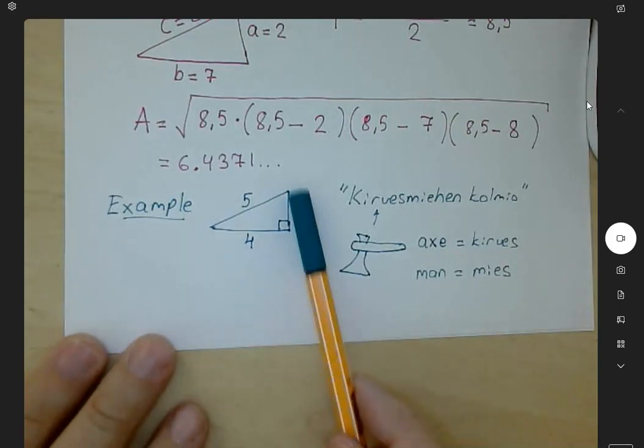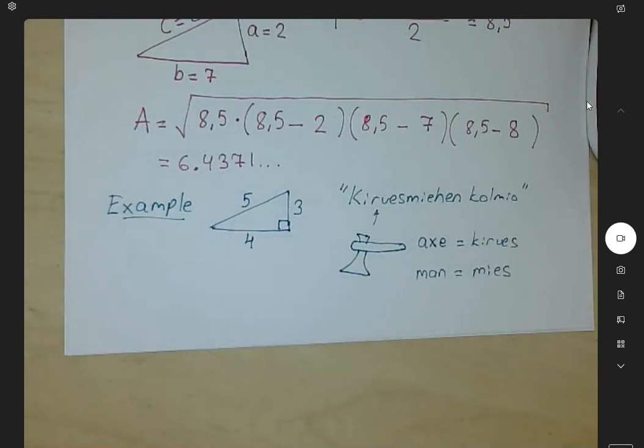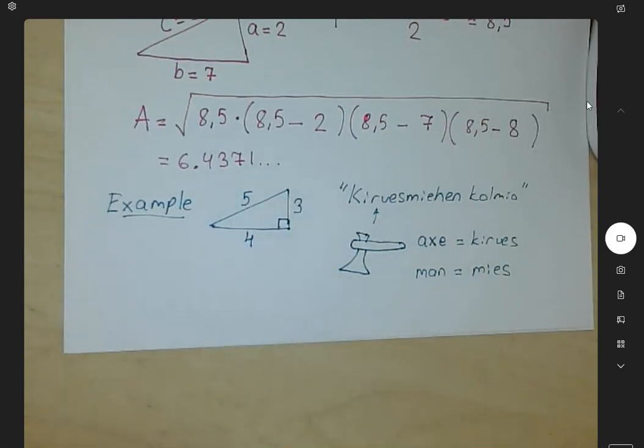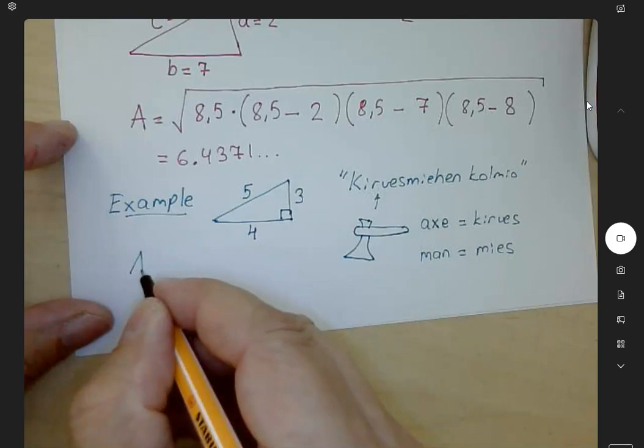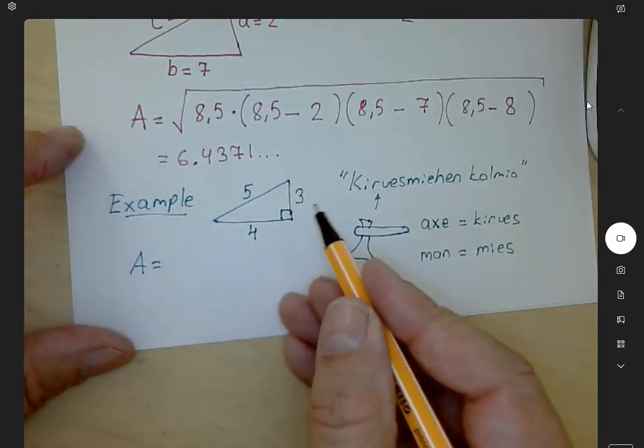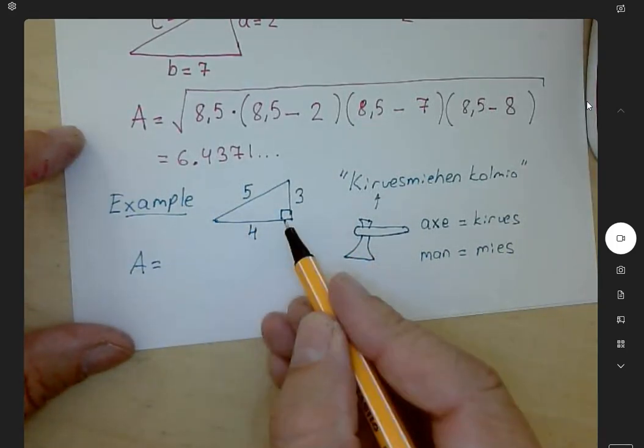They measure 3 meters, 4 meters, and 5 meters, so you can build a right angled triangle with that.